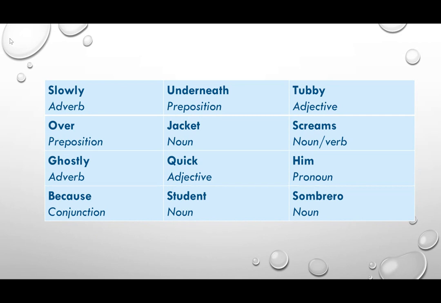The pug was tubby. Over is a preposition. Climb over the fence to get there. Jacket is a noun. Screams. Now this is a tricky one, so this is why I put this one in there. Technically, this is a noun, but it's also a verb. So it depends on the sentence that they're in, and some words will do that.